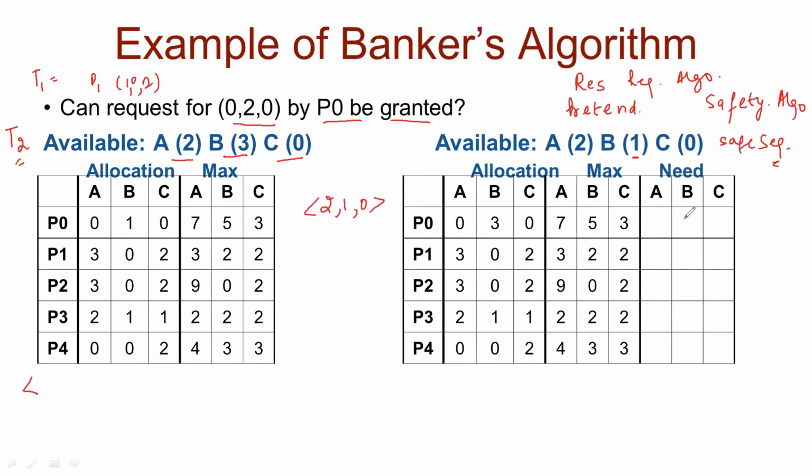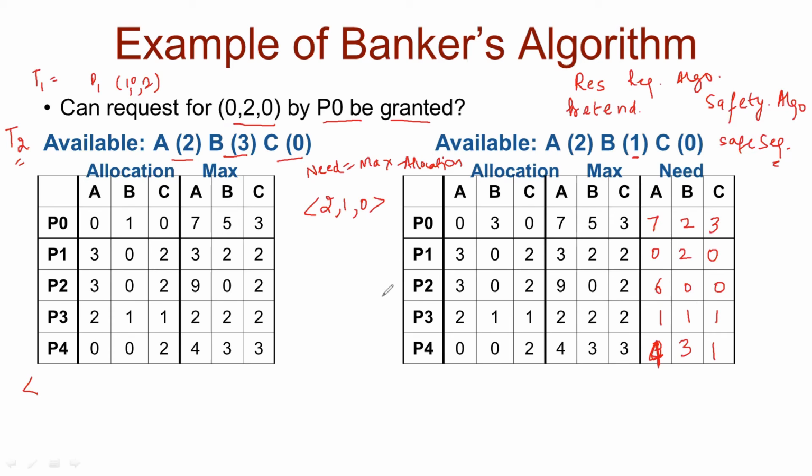Now we'll find the need matrix, calculating need as max minus allocation. Need of P0 is 7, 2, 3. For P1 it is 0, 2, 0. For P2 it is 6, 0, 0. For P3 it is 0, 1, 1. For P4 it is 4, 3, 1.